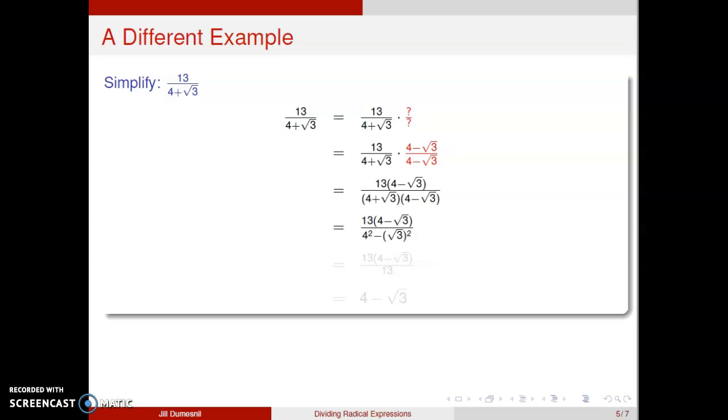We can FOIL in the denominator or recognize the difference of squares, but either way we get 4 squared minus root 3 squared in the denominator. This simplifies to 16 minus 3, or 13 in the denominator. We can cancel the factors of 13 in the numerator and denominator to get a simplified answer of 4 minus root 3.